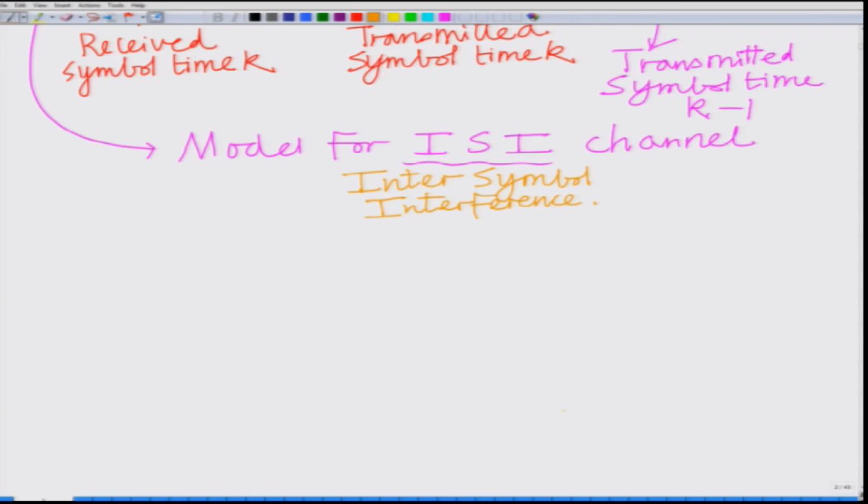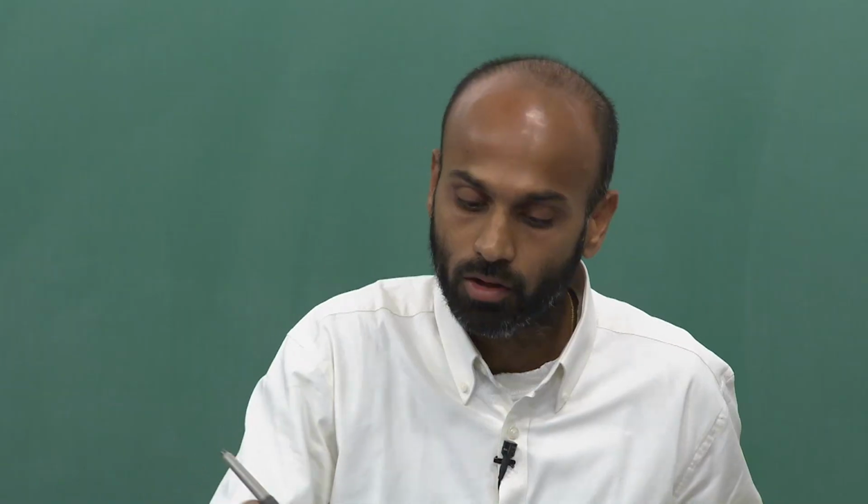Previously we have seen that equalization is a technology to overcome inter-symbol interference. Now what we are saying is that OFDM is another technology which can overcome this inter-symbol interference very efficiently. We are going to see that.